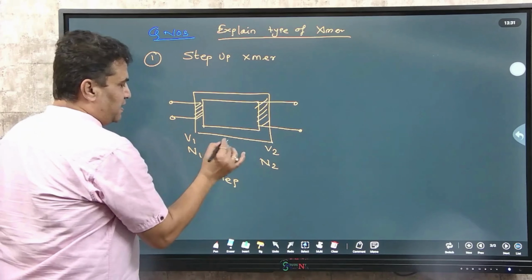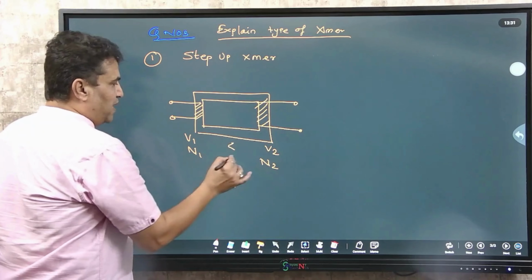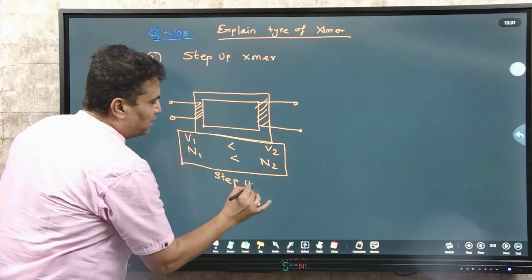When V1 is less than V2 and N1 is less than N2, then such a transformer is always called a step-up transformer.